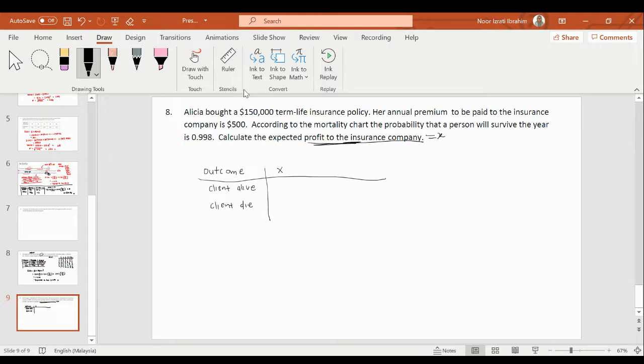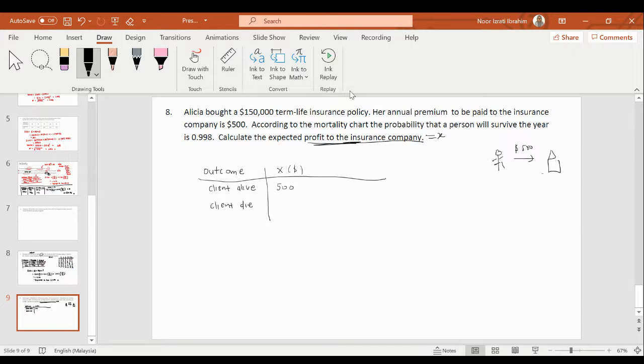So if alive, the client pays $500 to the company, and the company doesn't have to pay anything to the client. So the company will get a profit of $500.